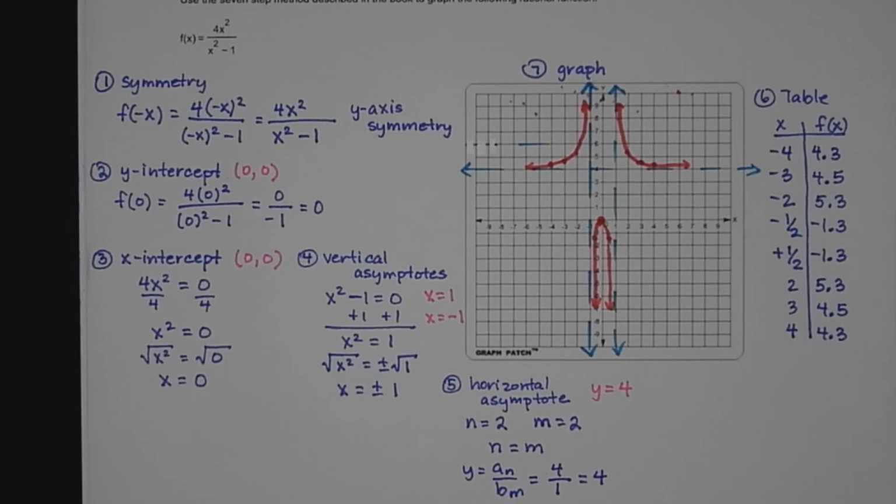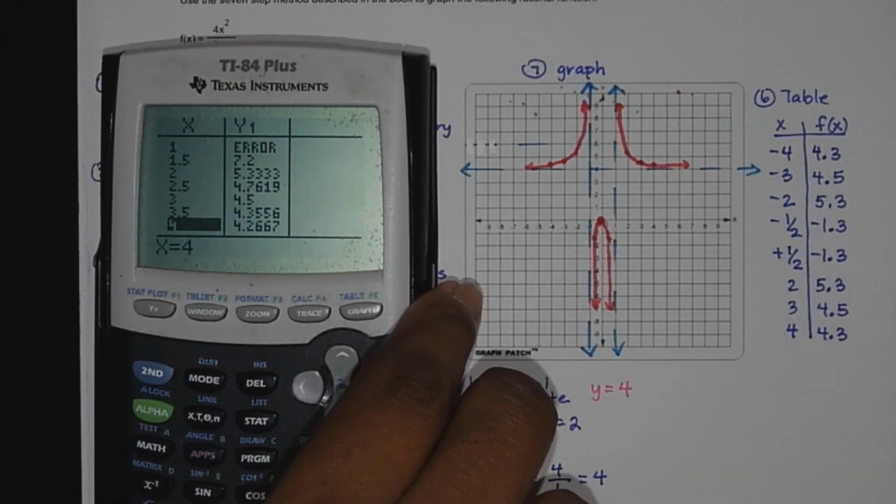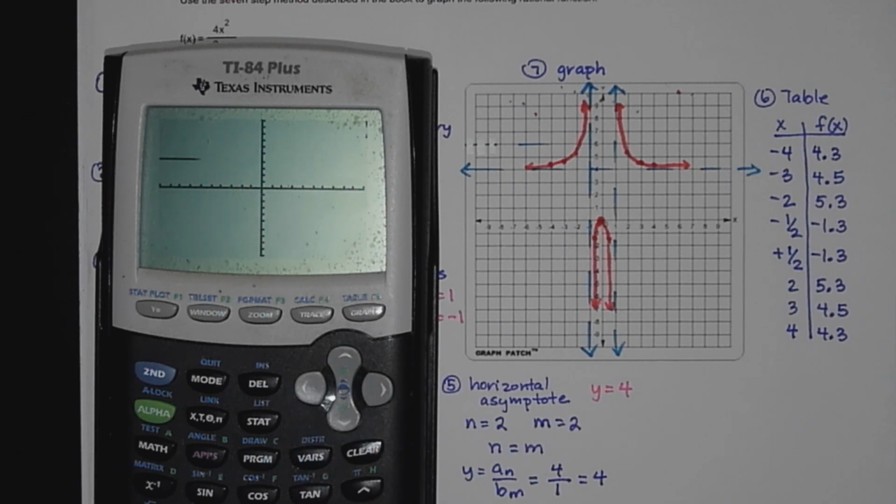All right, so this is what the graph of f of x equal to 4x squared divided by x squared minus 1 looks like. And hopefully this will assist you with some of the homework that's in section 3.5. And you can always check by using the graph. Doing graph here, you'll see what that looks like.